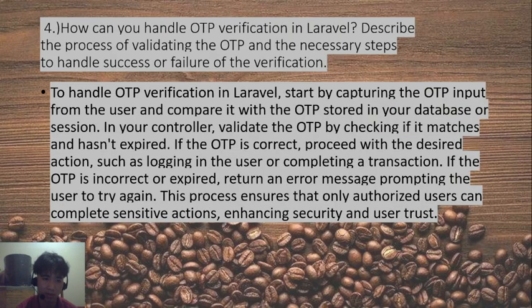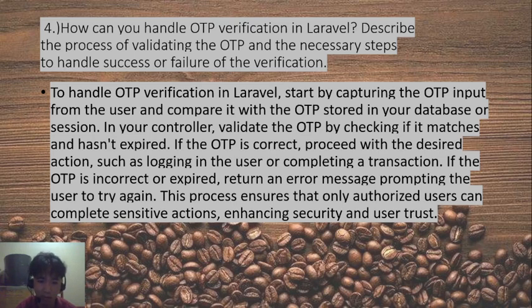Number 4: How can you handle OTP verification in Laravel? Describe the process of validating the OTP and the necessary steps to handle success or failure of the verification. The answer is, to handle OTP verification in Laravel, start by capturing the OTP input from the user and comparing it with the OTP stored in your database or session.